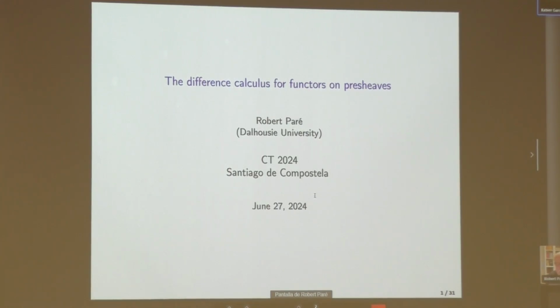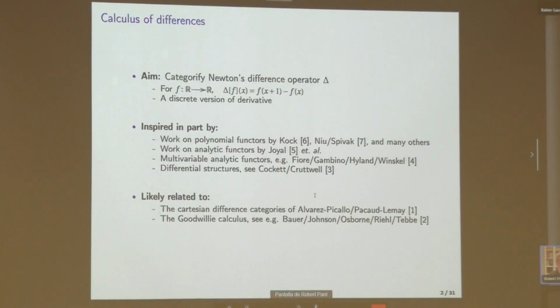So the title of my talk, as you can see, I hope, is the difference calculus for functors on presheaves. So what I want to do is to take Newton's difference calculus and generalize it to functors from sets to sets.